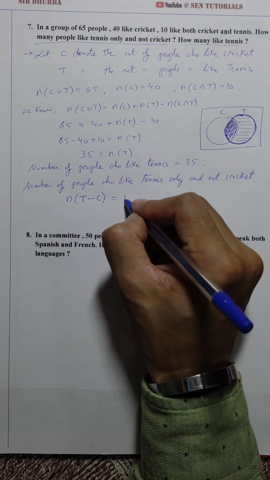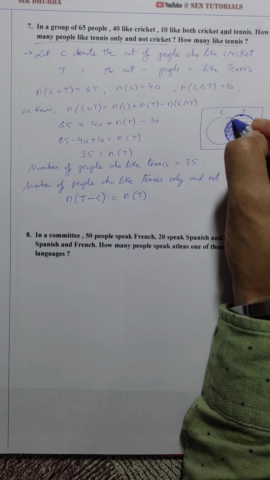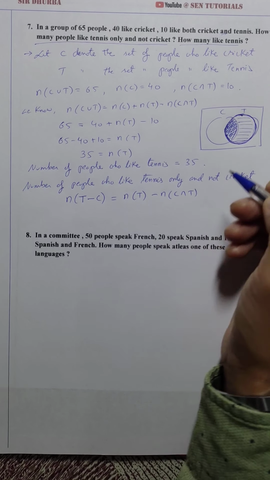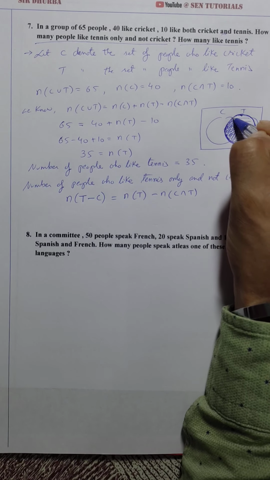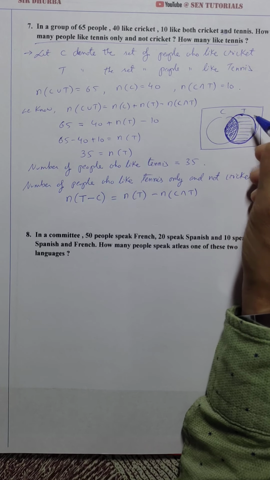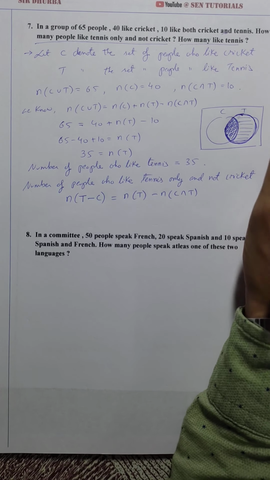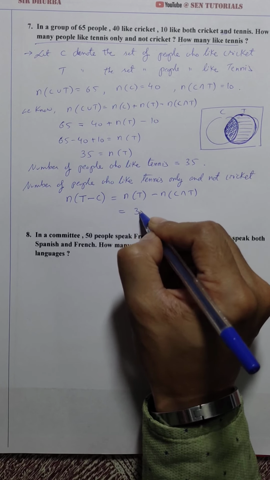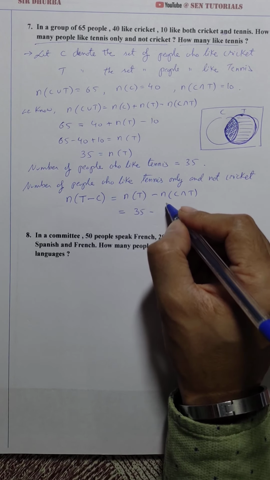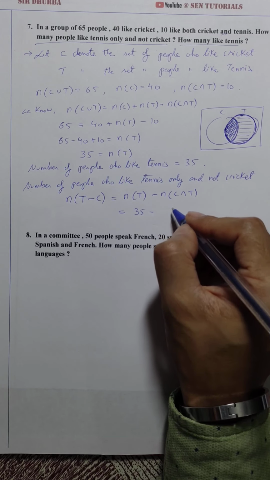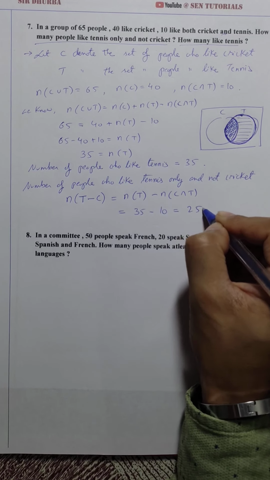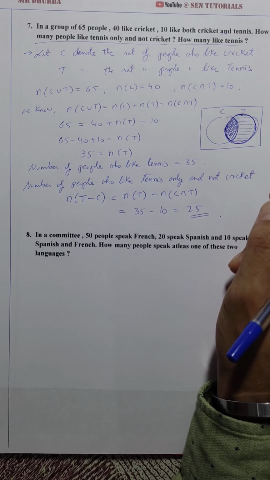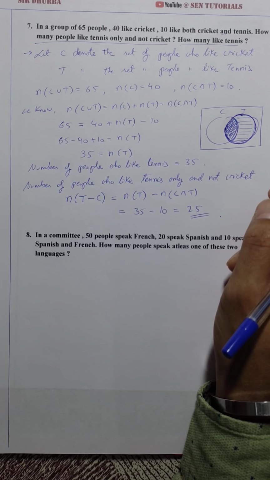That's going to be the number of people of the complete set of tennis minus the number of C intersection T. This region is common to both tennis and cricket. We want pure tennis only. So how much is this? 35. That's why we needed this first. Minus the intersection C and T, how many like both? 10. So we have 25 people who like only tennis. They are not a big fan of cricket.